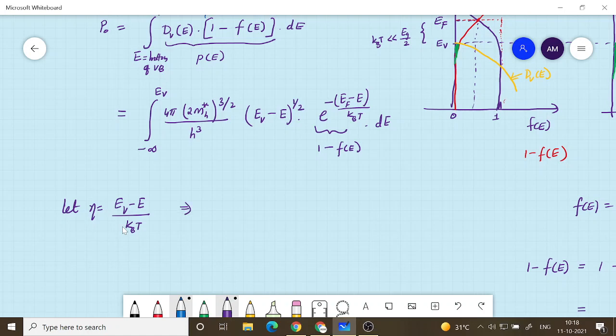This means dE is going to be minus d eta into kBT. So there will be a negative sign, and then we have to look at the limits also. When E is equal to minus infinity, then what will eta be? E is minus infinity means eta is going to be plus infinity.